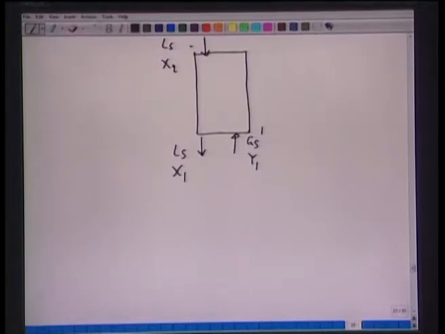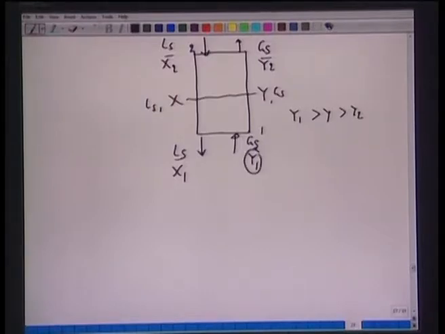So this is level 2, and the effluent gas after treatment remains at GS, and we have this Y2. At any cross section, we have X and Y; GS and LS remain the same. It's a solvent free basis. You can also make a note, Y1 is greater than Y greater than Y2. So this concentration was high, which has been brought down to Y2. So it's essentially an absorption column.